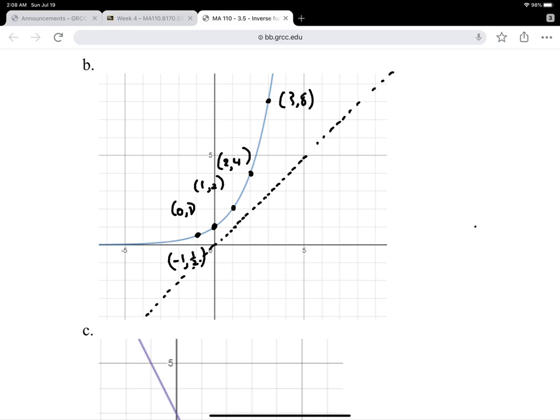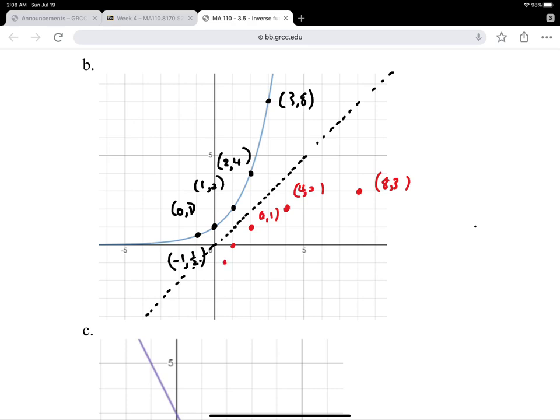Alright, here we go. (3, 8) means (8, 3). (2, 4) means (4, 2). (1, 2) means (2, 1). (0, 1) means (1, 0). (-1, 1/2) means (1/2, -1).